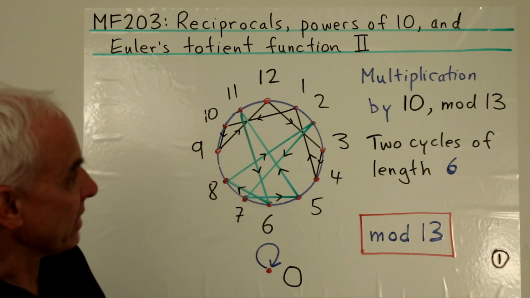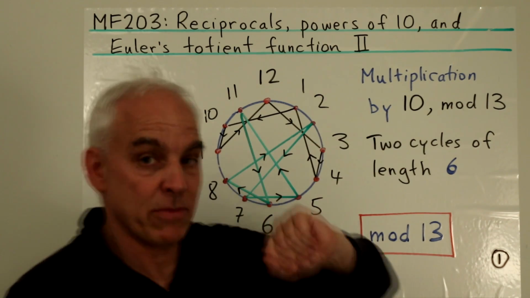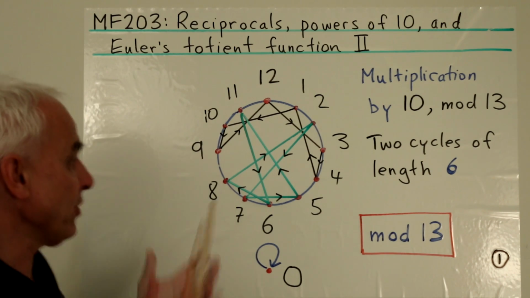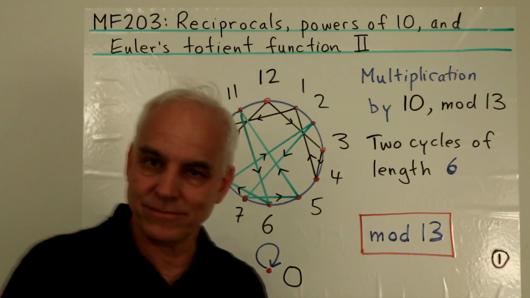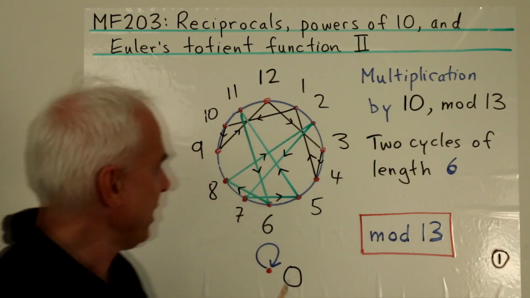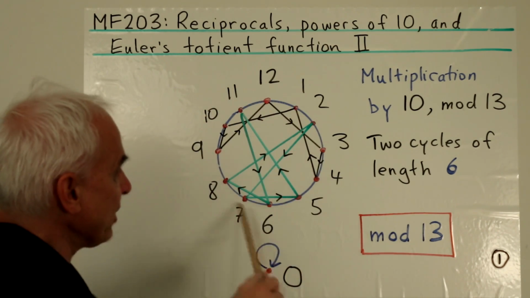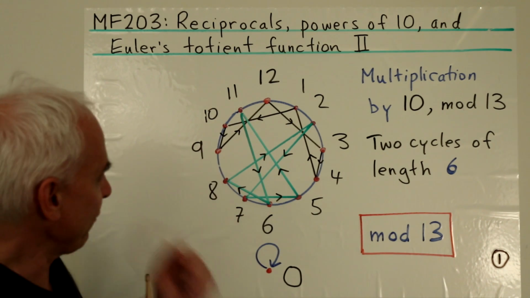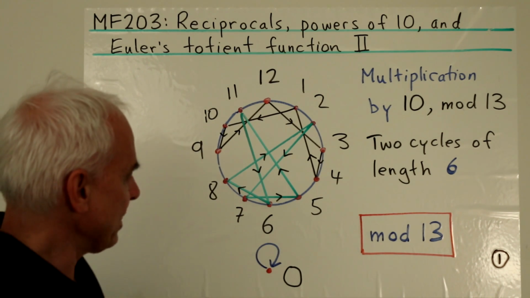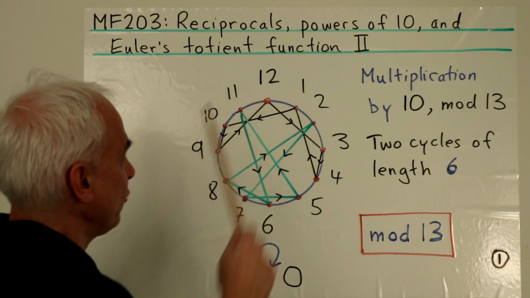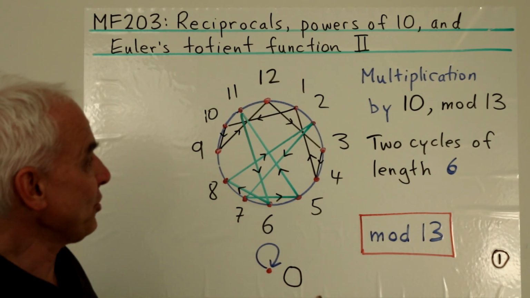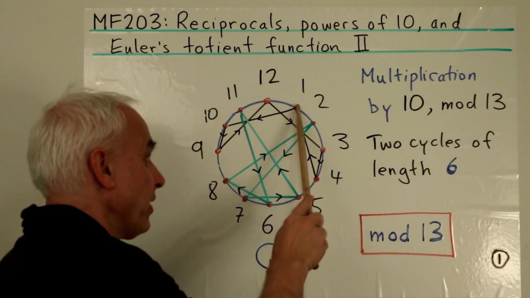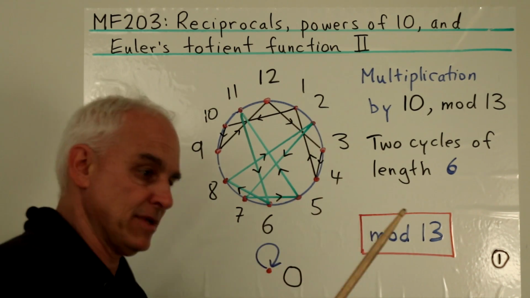So last time we were looking especially at multiplication by 10 mod 13. Here's a visual way of seeing what's going on, by thinking about the non-zero numbers mod 13 in a circle, a familiar kind of clock circle. We'll put 0 somewhere else, and here are the numbers 1 through 12. Multiplication by 10 takes a number and sends it to 10 times that number.